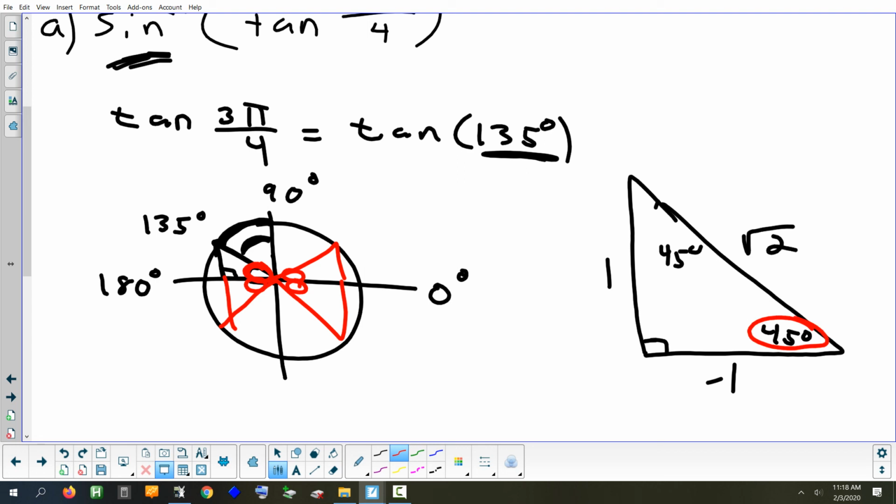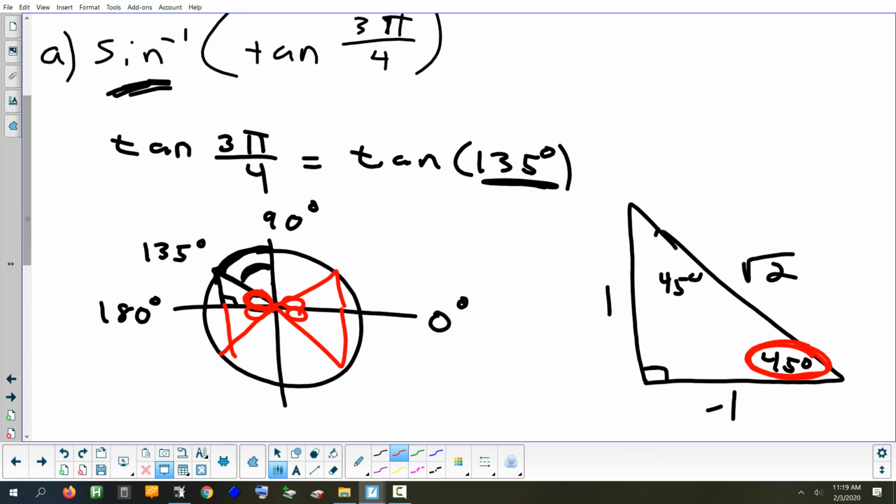And you might be thinking, well, wait a minute, we're doing 135, we're not doing 45. I know, but we already made this side negative. That takes into account that it's 135, okay? Because you made that number negative. So you've taken care of the 135 part. So now, use this angle and find the tangent.